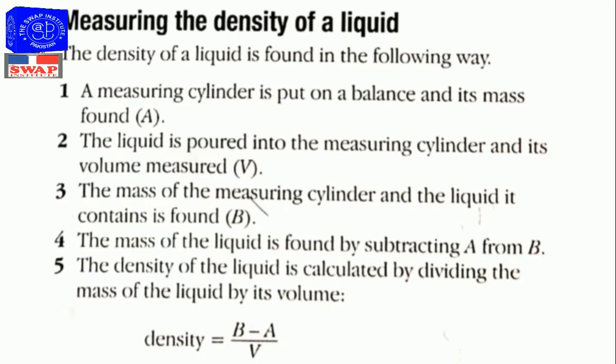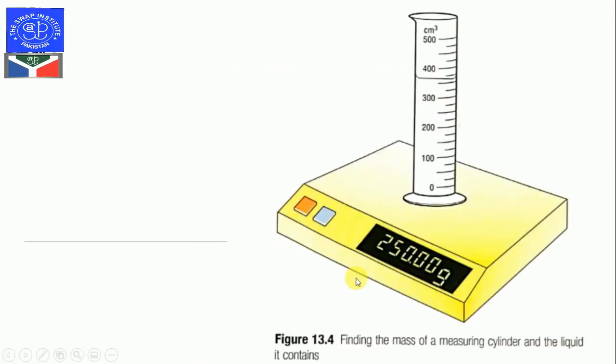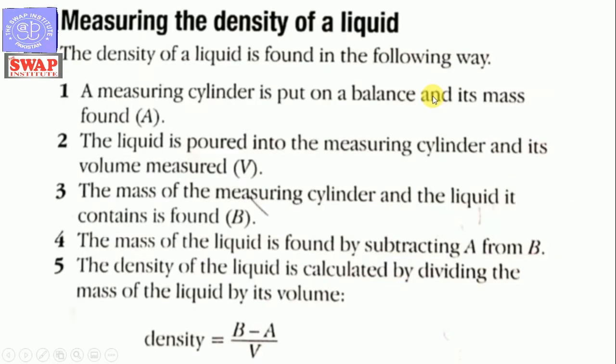The whole scenario of measuring the density of the liquid is available in this picture, 13.4, finding the mass of the measuring cylinder and the liquid it contains. This is the digital balance, and just by using that formula, mass per volume, we will be able to find the density of the liquids.